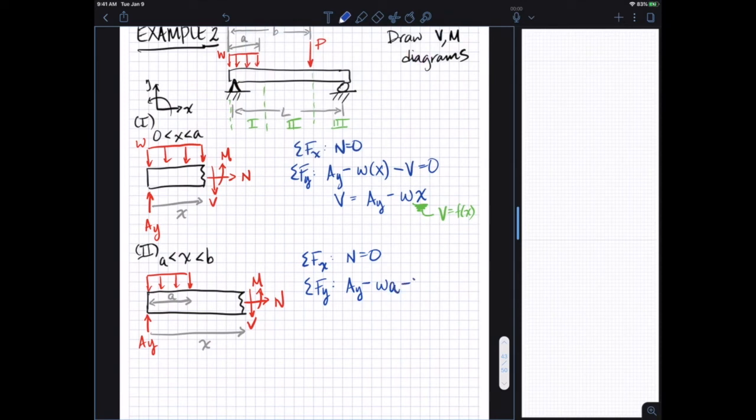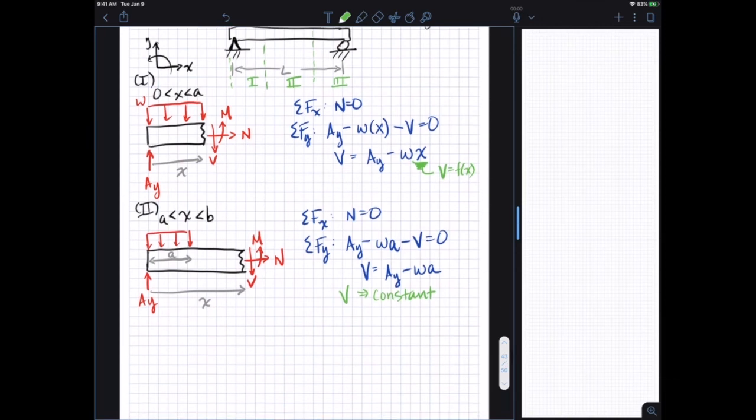Minus V equals 0. Solve for V. So V is equal to AY minus WA. So now it's no longer a function of X. And now shear in this section is a constant. These are just numbers. If we knew what A and AY were, then we could solve for these.